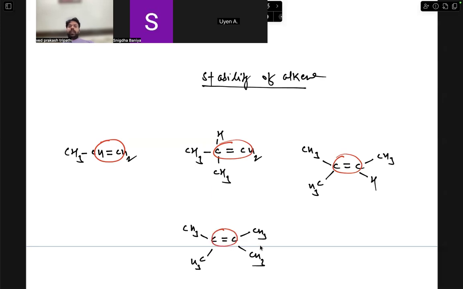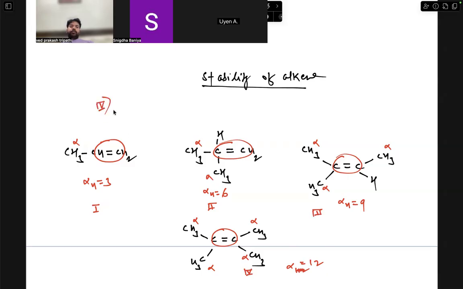The carbon bonded to the circle is called alpha carbon, and the hydrogen on the alpha carbon is considered alpha H. So here we have 3, here 6, here 9, and here 12. The more the alpha H, the more the stability. So the fourth is the most stable, then third, then second, then first.